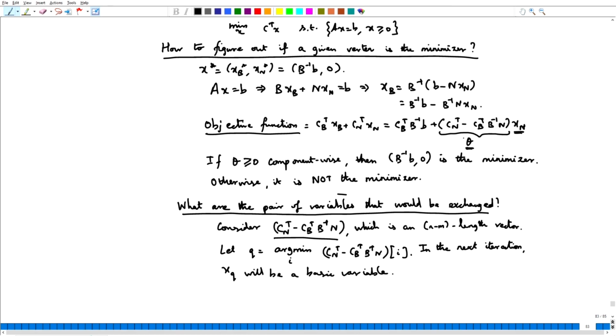If an entry is positive, that is not a variable that we are going to increase from 0. So you should choose one of the variables where Cn transpose minus Cb transpose B inverse n is negative. I am choosing the one that is the most minimum. If you have at least one negative element, the minimum will always be negative, and I am choosing that particular component. That is the one that I will choose as the basic variable.